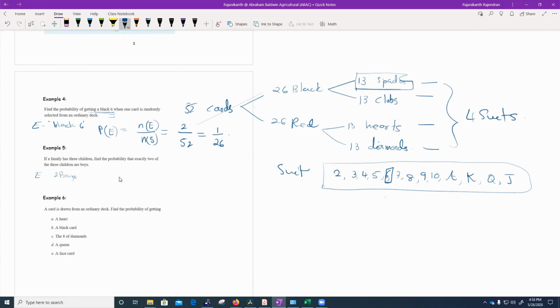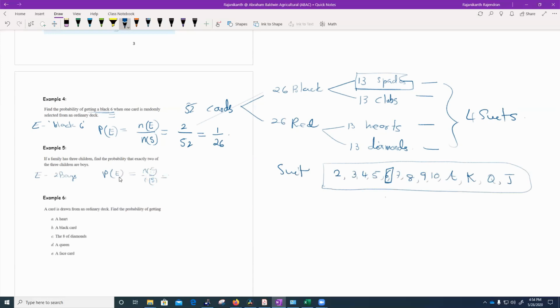The probability of having exactly 2 boys, that is my event E now. The formula says that is n of E over n of S. Remember, E is now getting 2 boys.